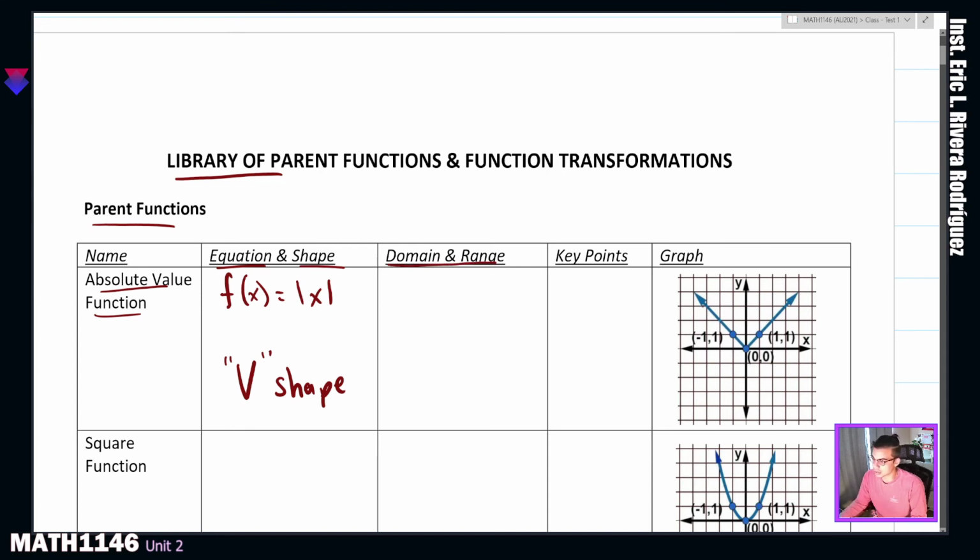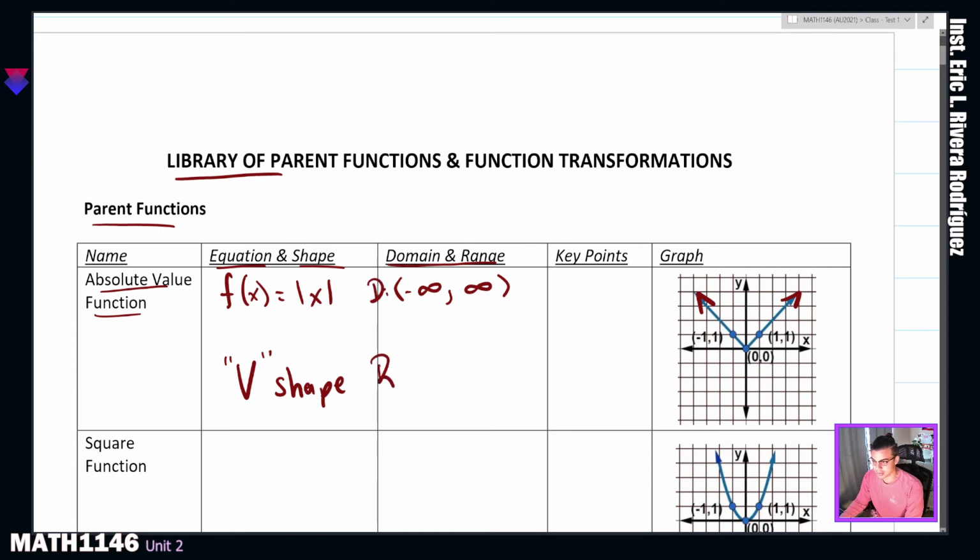For this one, since we have an arrow here and an arrow here, left and right, that means that this graph continues to infinity to both sides. It means that the domain is all the real numbers, or from negative infinity to positive infinity. That's the domain.